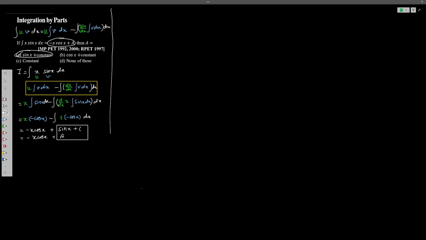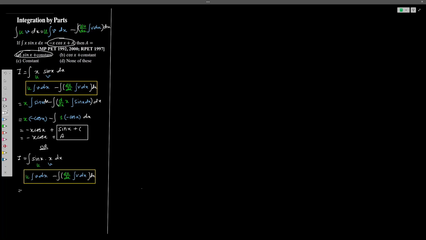Okay. But in case God's grace is not with us and the question is asked like this, sin x into x dx, then we are innocent people. First term is considered as u and second term will be considered as v. Let's try to apply the formula. In the first term, sin x as it is, we will integrate x, minus integration of differentiation of sin x, integration of x.